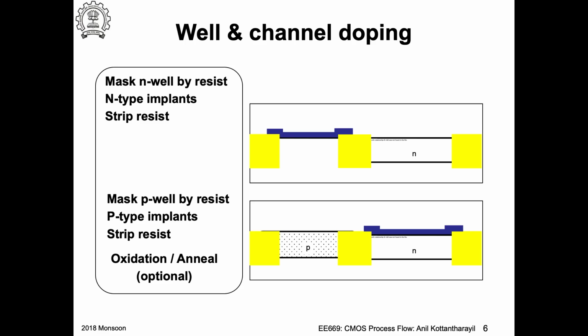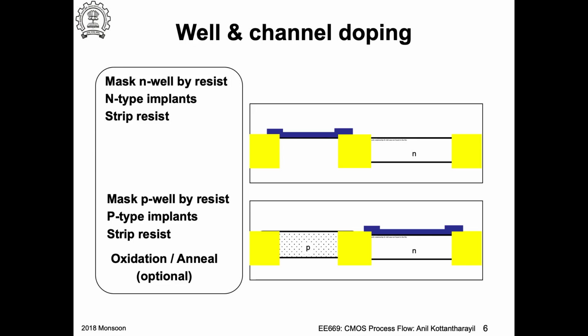And then you would do the next type of implant, which is used for getting a fairly highly doped surface layer in the channel region, which is the right type of doping concentration for your threshold voltage. So threshold voltage depends on the doping concentration in the channel. Okay, so you would do this.